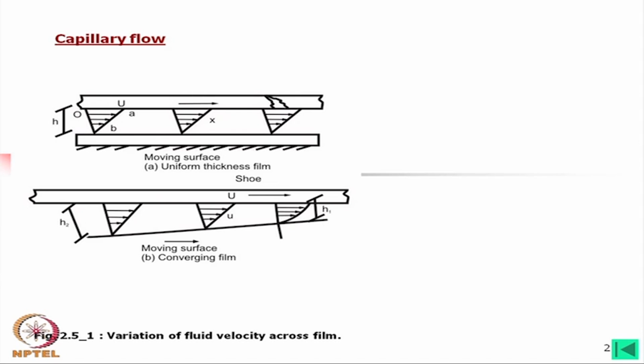Or in other words, if the bottom one is larger, the moving one is smaller, then we can consider the field is the area of the upper one. And at the bottom, what we see is that the h is gradually decreasing from h2 to h1 within this field.